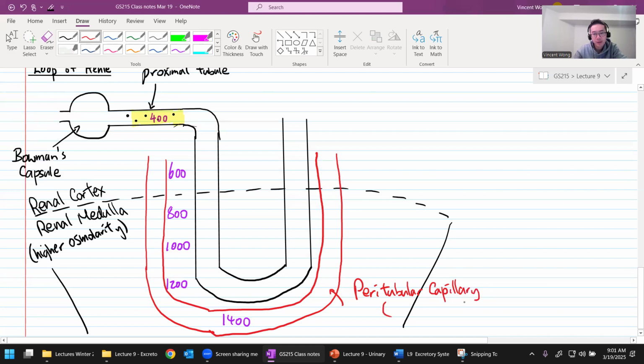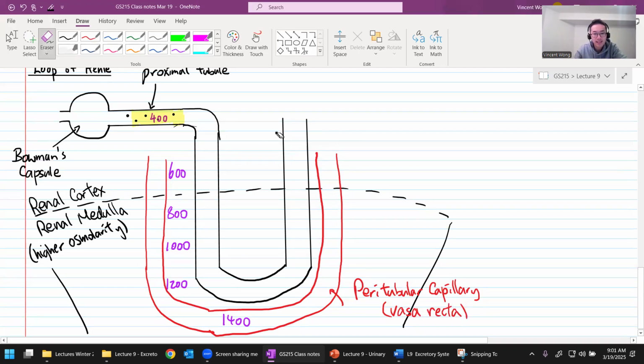The peritubular capillary wraps around the entire nephron, but the portion that specifically goes around the loop of Henle has a special name. It's called the vasa recta.